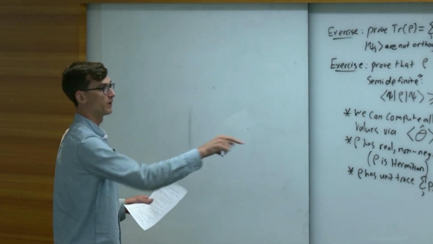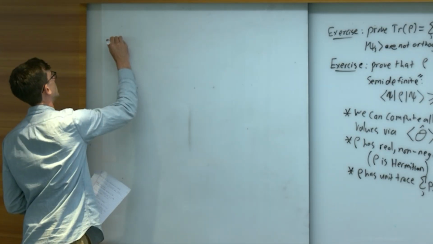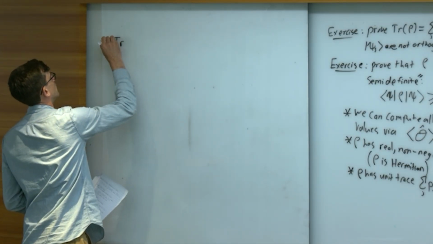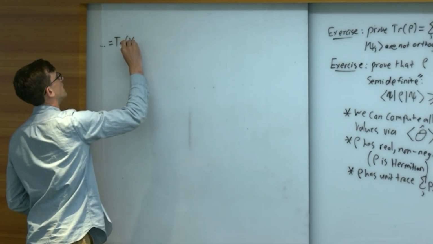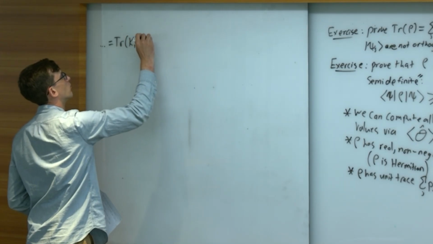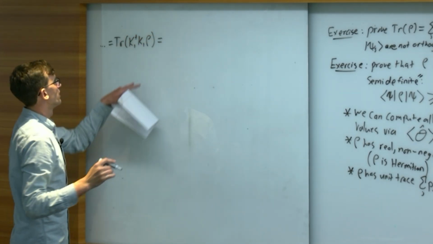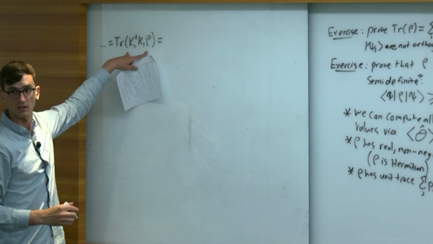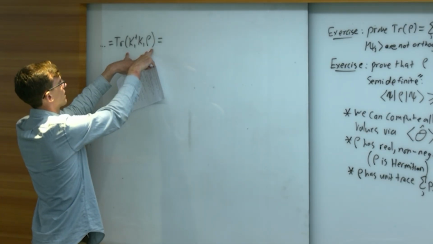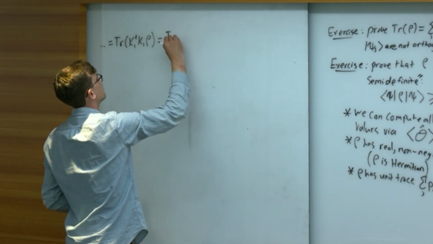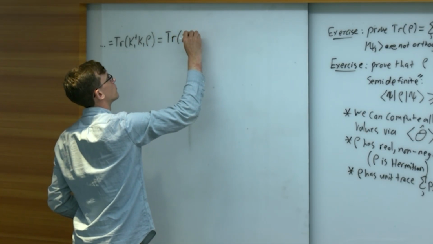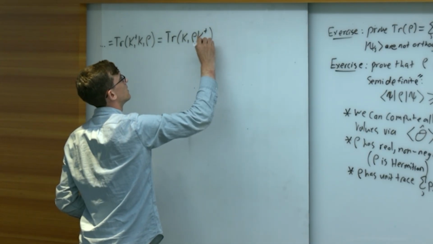But we know that the trace is cyclic, so I can take this K1 dagger and put it over here: trace of K1 rho K1 dagger.